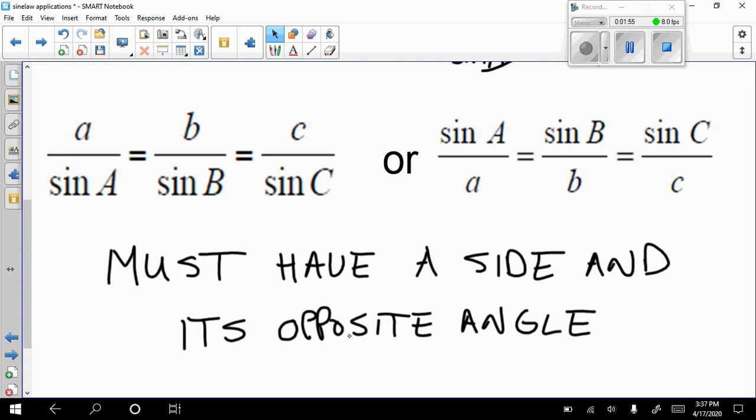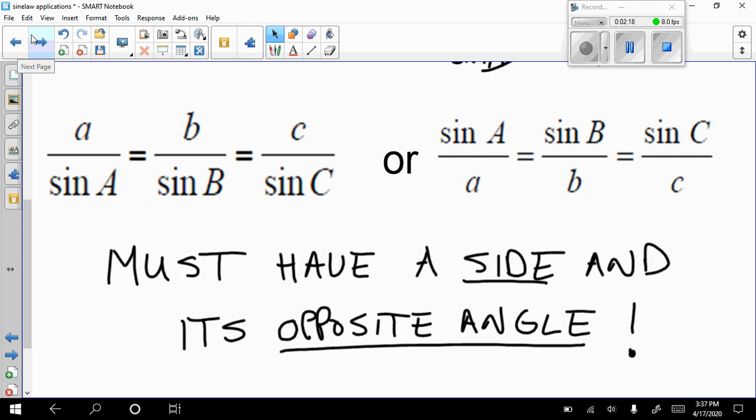In the next lesson we do cosine law, and you don't need this there. Sine law is typically easier to use, so that's why we prefer it, but you must have a side and its opposite angle. And you're going to see today that in all the cases we do have that.